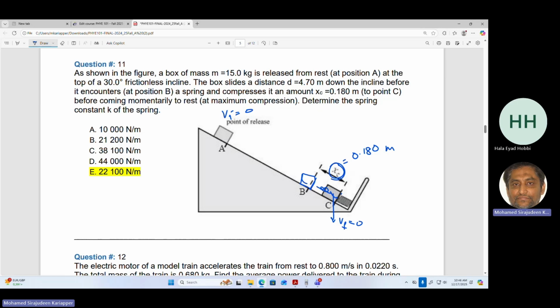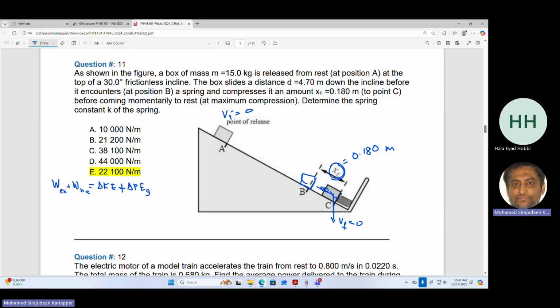But to do it the proper way, because we have a nice equation, the most general equation, the conservation of energy principle: work done by any external force plus work done by non-conservative forces is equal to the change in kinetic energy plus the change in all kinds of potential energy.